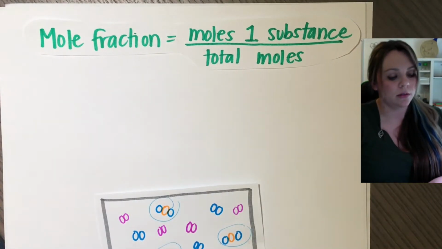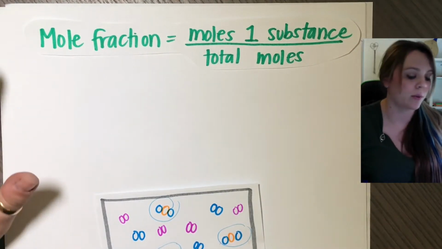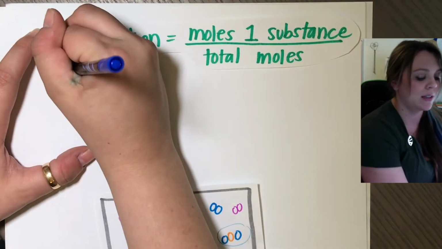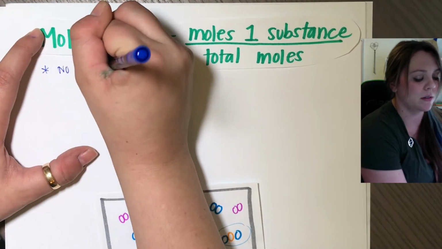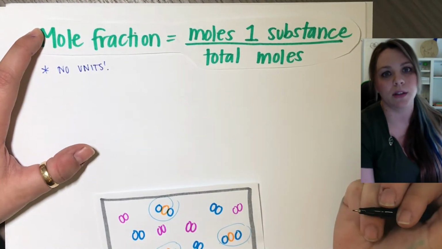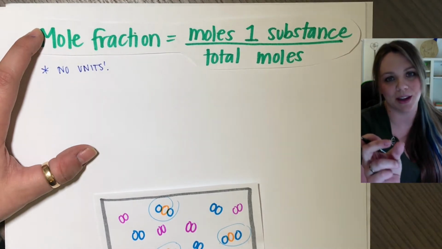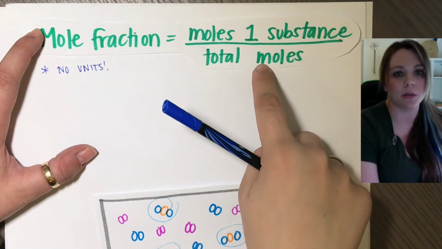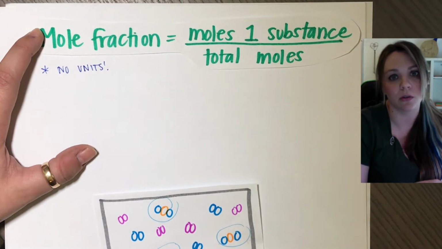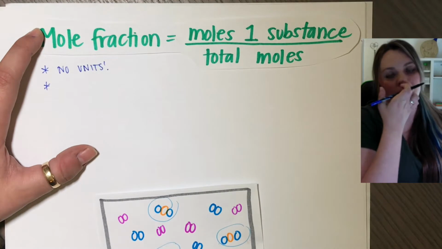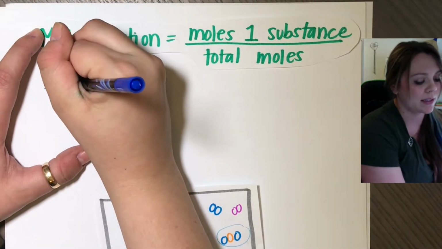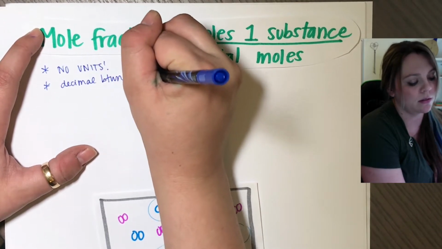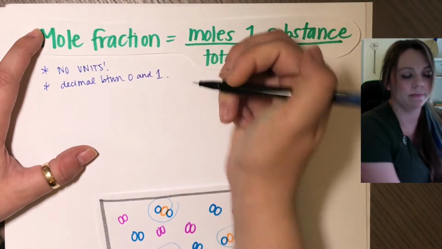Make sure you're aware of a couple things with mole fraction. First thing that's really important is that there are no units. So for once ever, you don't put units after your answer if you're asked to solve for mole fraction, because it's moles divided by moles. So there's no units. And the other thing is it's always going to be a decimal between 0 and 1.